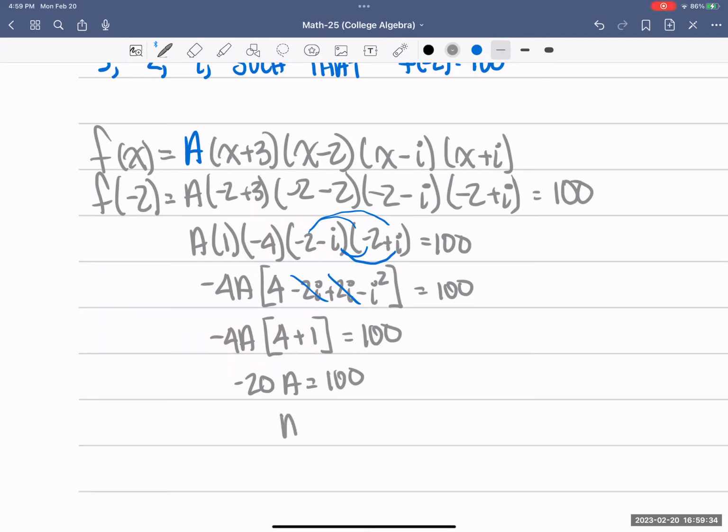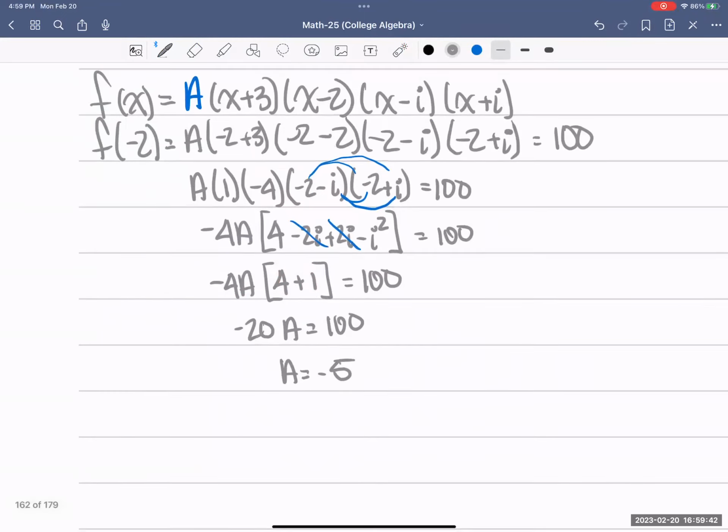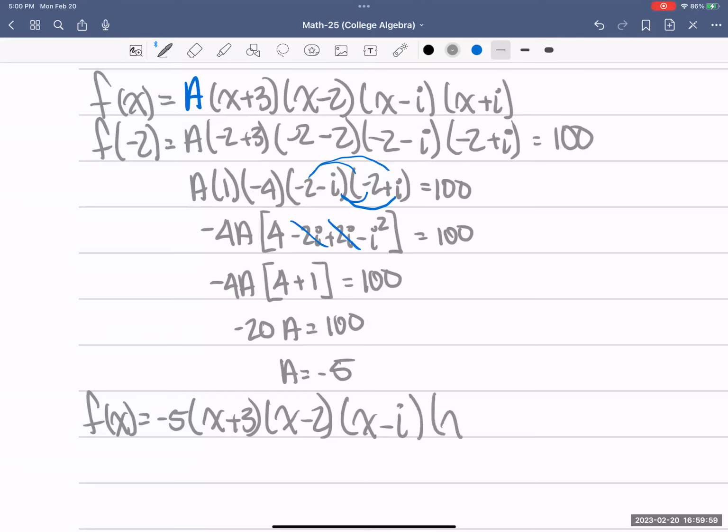To get A by itself, we divide by -20, giving us -5. And everything looks really good right now. So now what we have is f of x is equal to -5 times x plus 3, x minus 2, x minus i, x plus i.